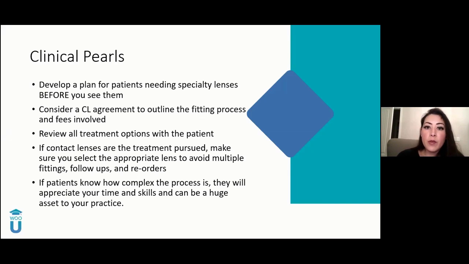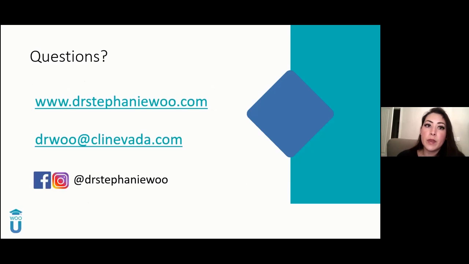And then if you are going down that route of contact lenses, try to select a good lens or make a strong recommendation for one specific lens or two lenses to try to limit the amount of follow-up care and exchanges and reorders. The patients, once they know how complex this process is and how custom it is, they're really appreciative of your time and the expertise and the knowledge that comes in with fitting these lenses.